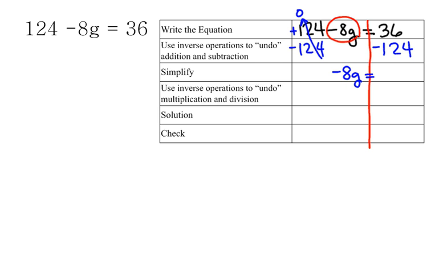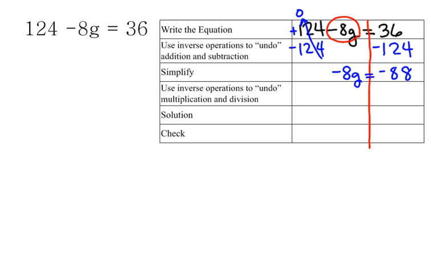I know I'm going to have to borrow. And when I do that, I'll find out that the answer to 124 take away 36 is negative 88. Negative 88.